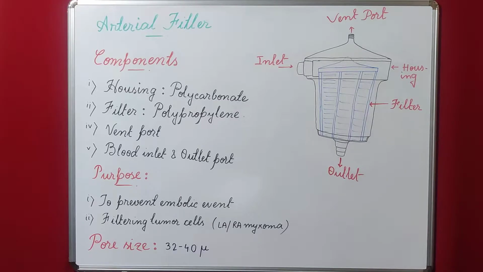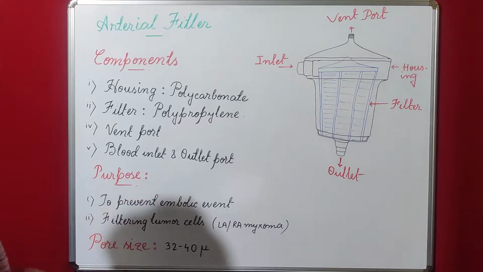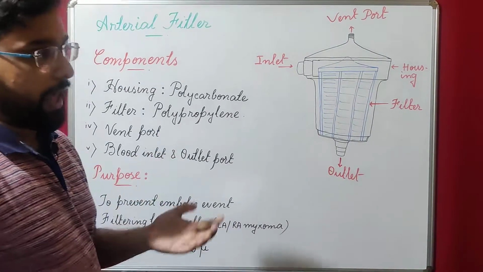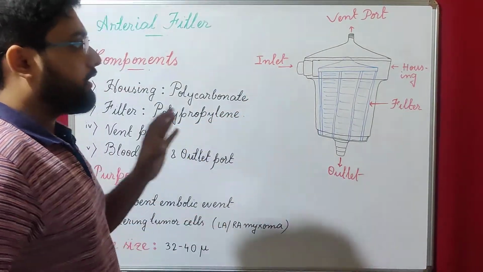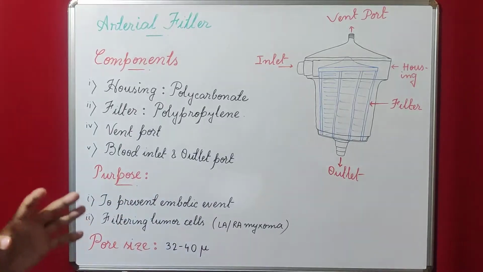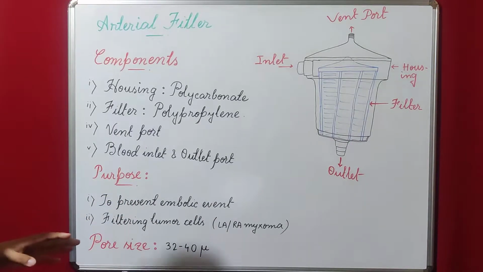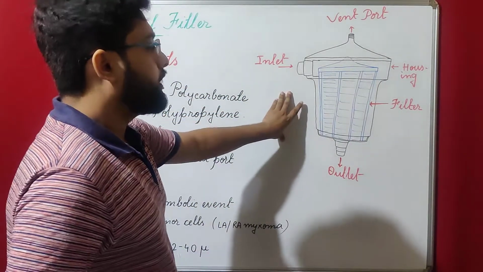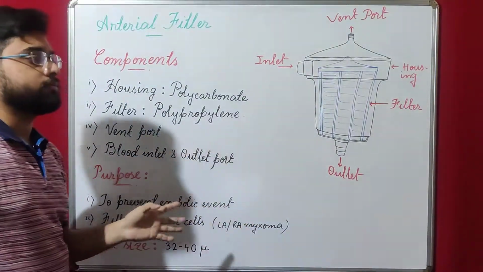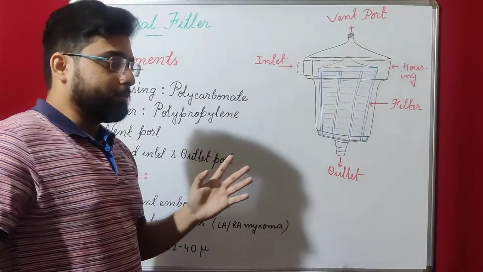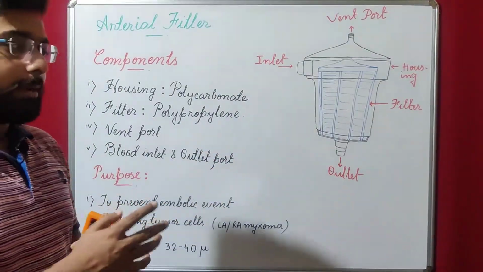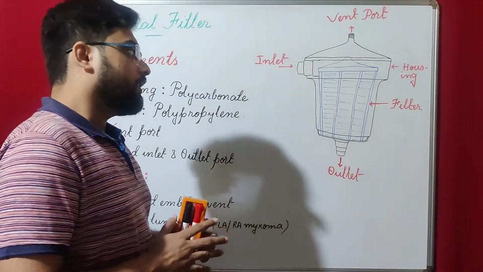The filter also causes hemolysis and platelet loss, and during priming it is a little harder to de-air the filter. It is not too much harder; I mean it is a little bit harder than other components.